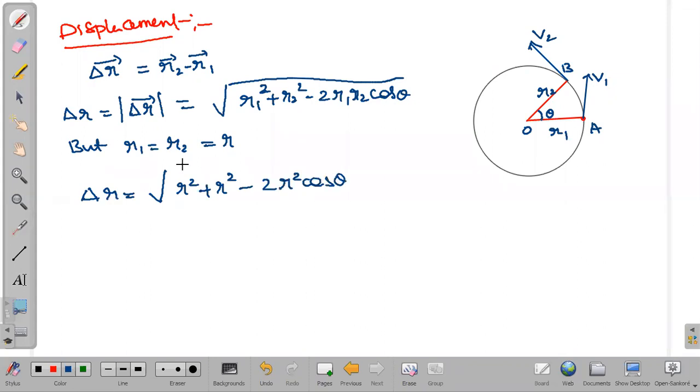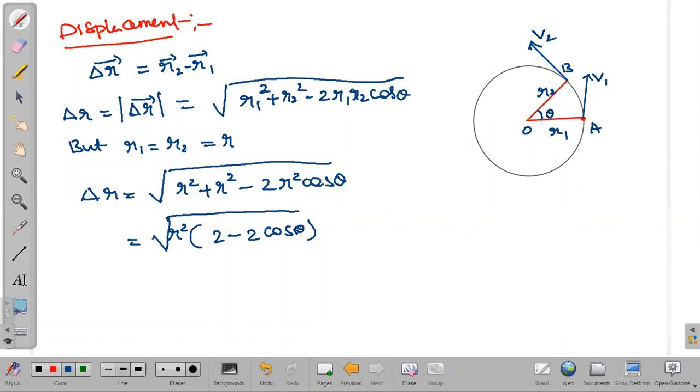Now if I take r square common out of this total, r square into 1 plus 1, 2 minus 2 cos theta is left. R square is there, so I can take r outside.